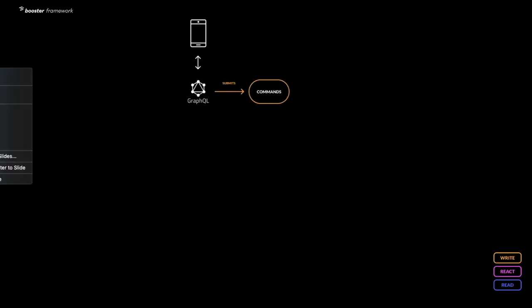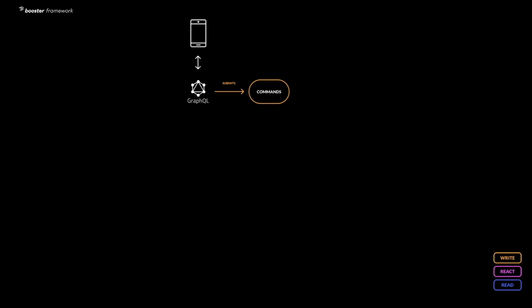So with GraphQL, you have a single endpoint, which is what Booster provides, and you can perform either queries to ask the server for data, or you can perform mutations that will ask the server to perform some actions on the data. So if you send a mutation to the GraphQL endpoint, it will submit a command.